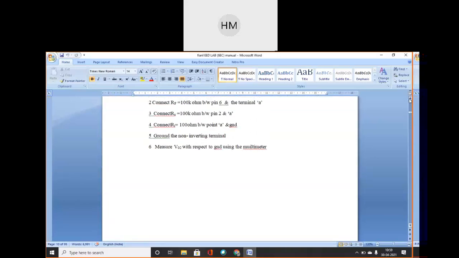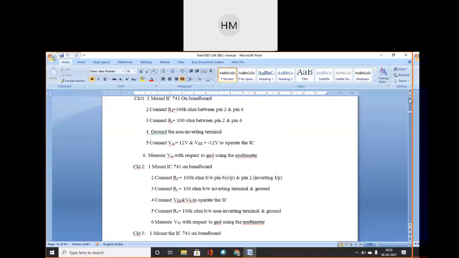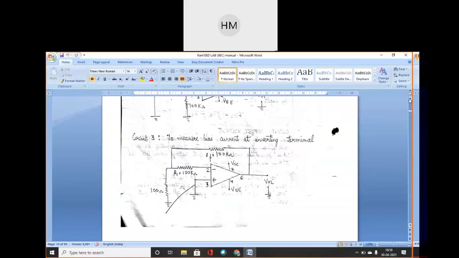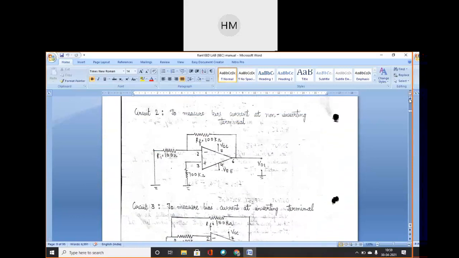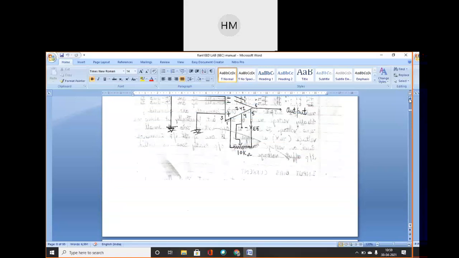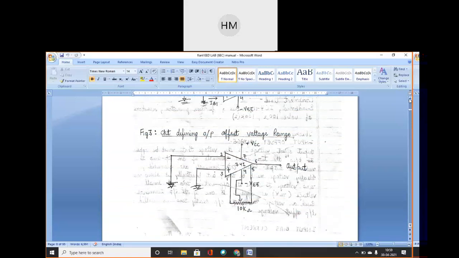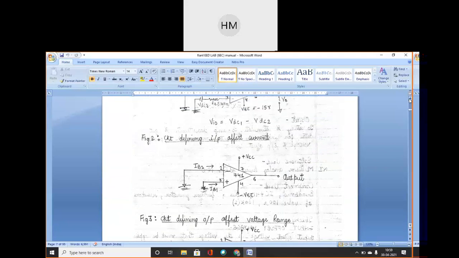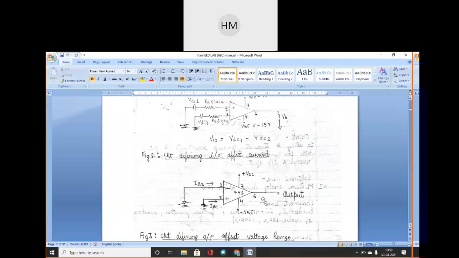I will show you if there is some basic diagram in this. See, students, here you can see this diagram. What are IB1 and IB2?